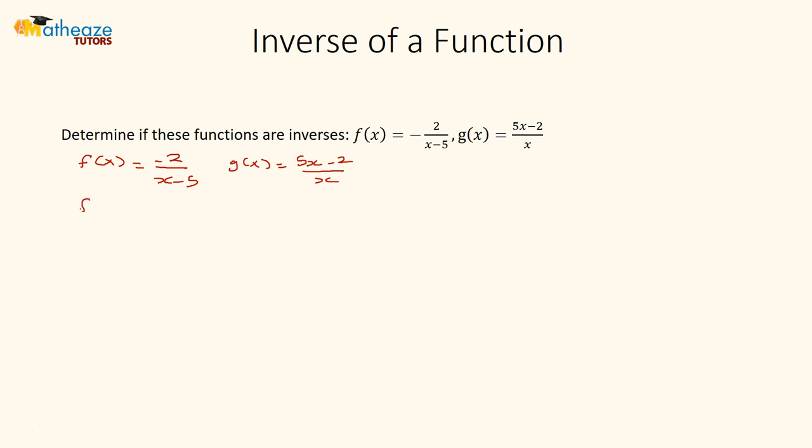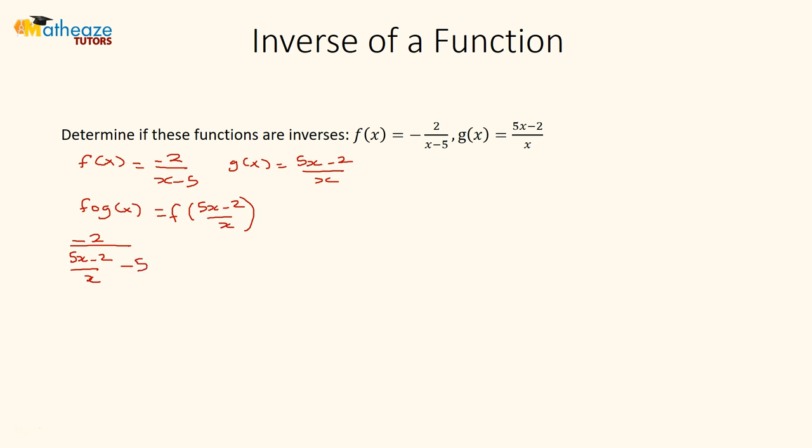So let's start with f∘g of x, which is f of 5x minus 2 over x, which is going to be -2 over 5x minus 2 over x, minus 5.